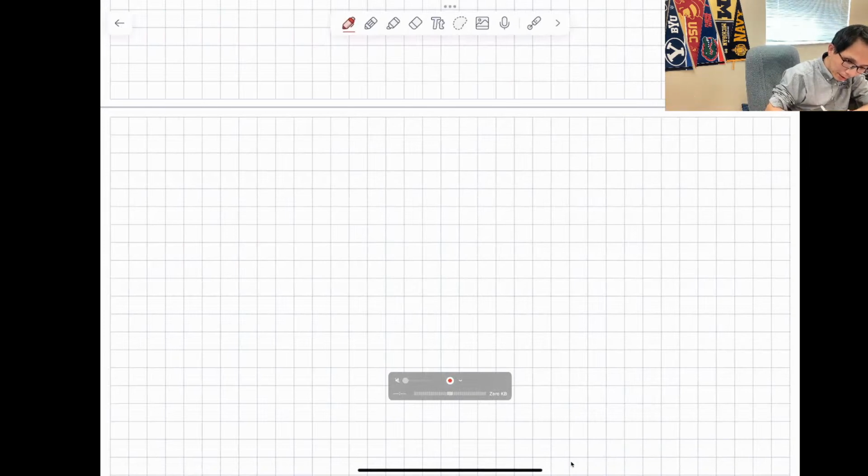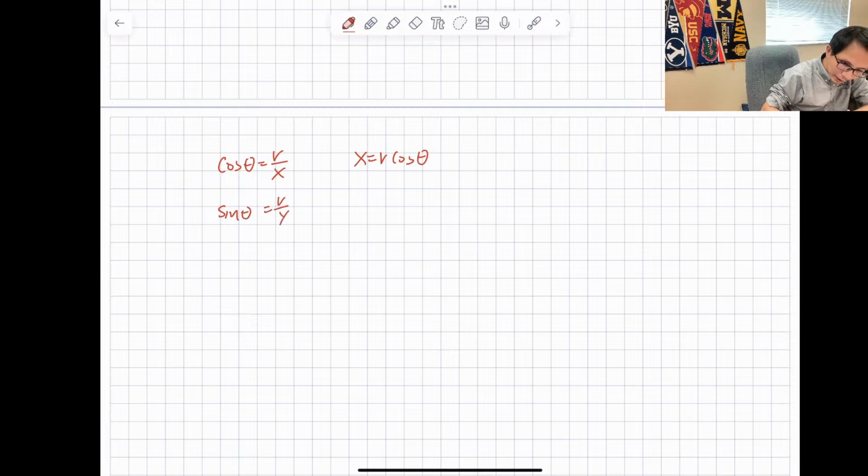So I'm going to rewrite this equation again. If x equals r cosine theta, it's coming from the normal equation situation: cosine theta is equal to x over r, sine theta is equal to y over r, and y is equal to r sine theta.